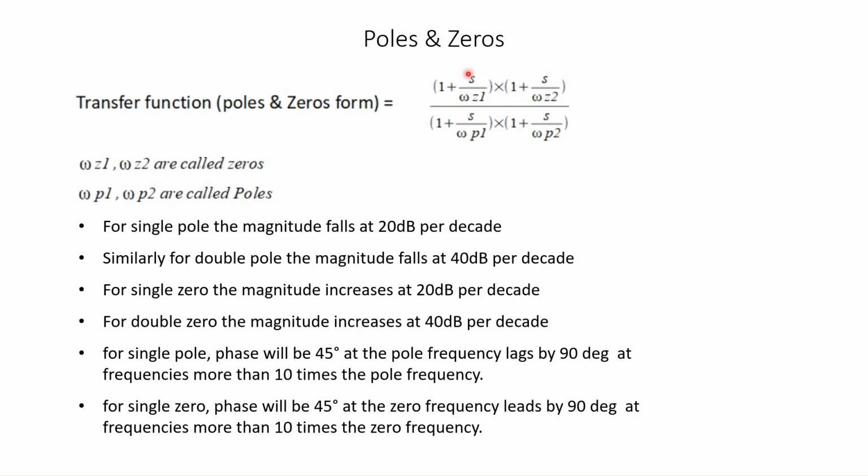When omega reaches omega z1, there will be plus 45, so with minus 90 from the poles, minus 90 plus 45, it's about minus 145. When omega reaches omega z2, it is minus 90 plus 90, so net minus 90, and this provides plus 45, so it will be minus 45. As the frequency becomes far higher than omega z2, the phase will become 0.